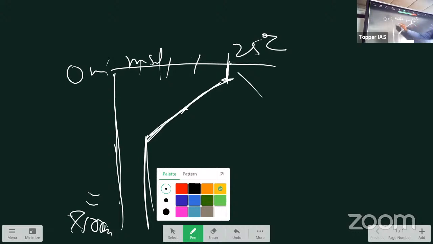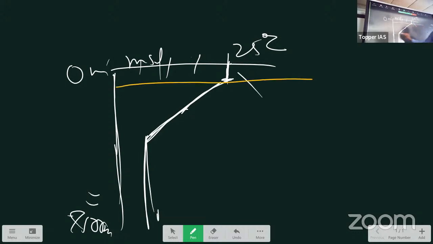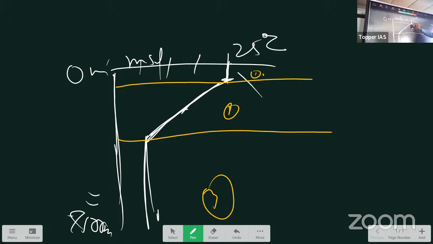There can be three thermal divisions in the oceans: first division, second division, and third division. What are you seeing as the first division? More or less there is a constant temperature of around 25 degrees up to 200 meters.